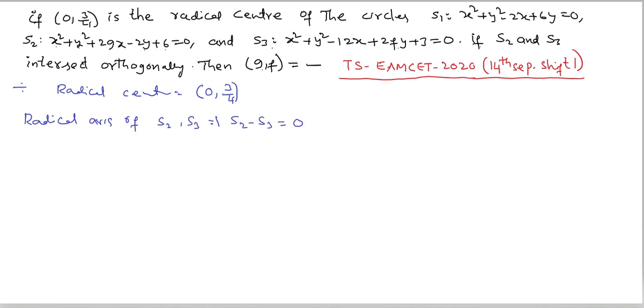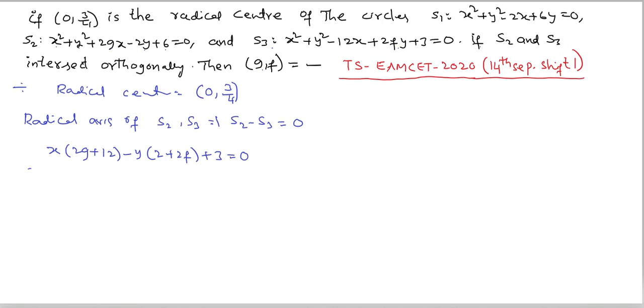The x square plus y square cancel. Take x common: 2g plus 12. Take minus y common: 2 plus 2f. Plus 6 minus 3, that is 3, is equal to 0. This is the radical axis.